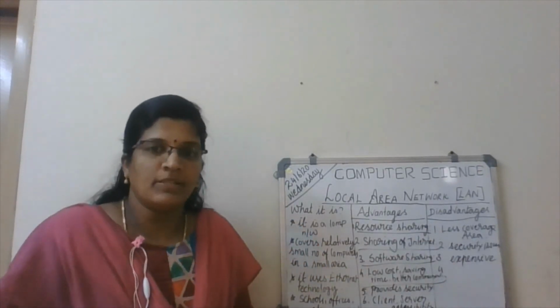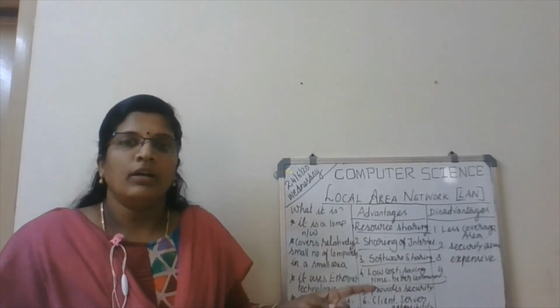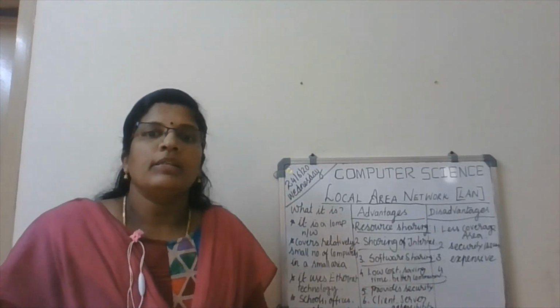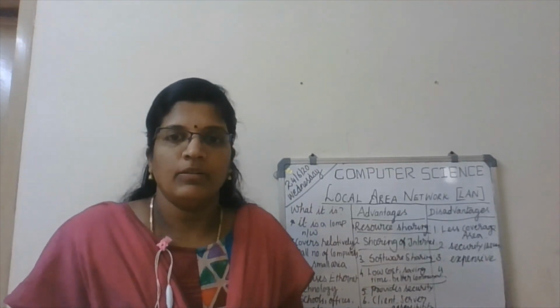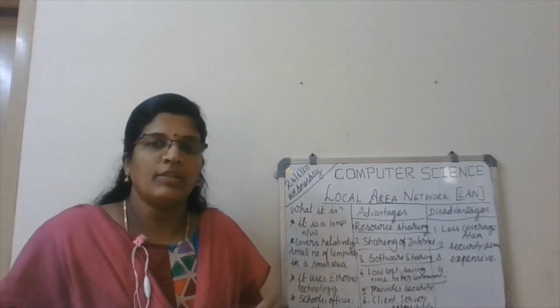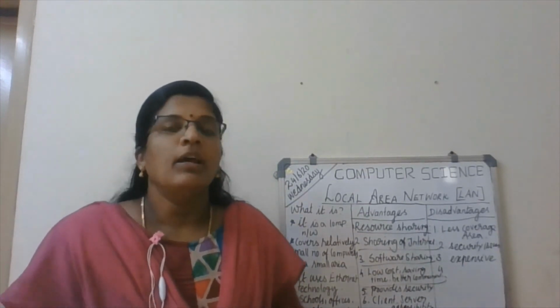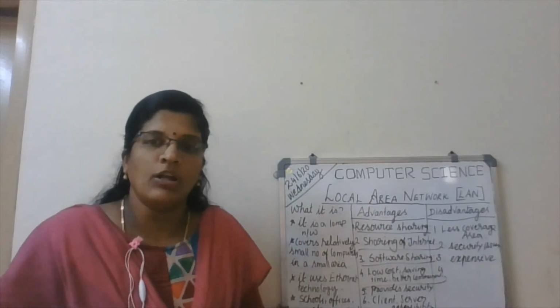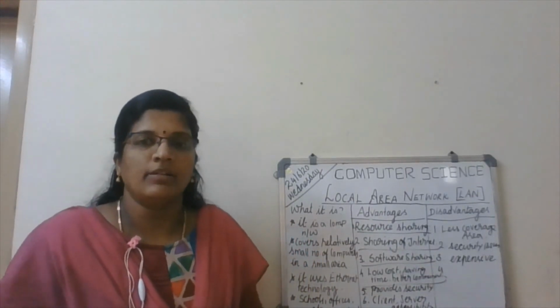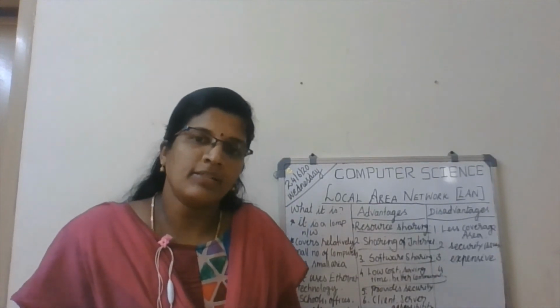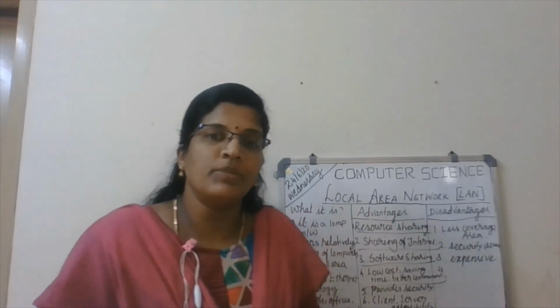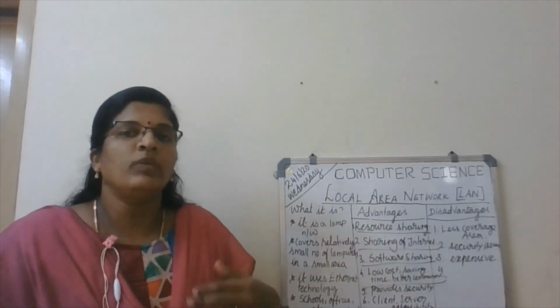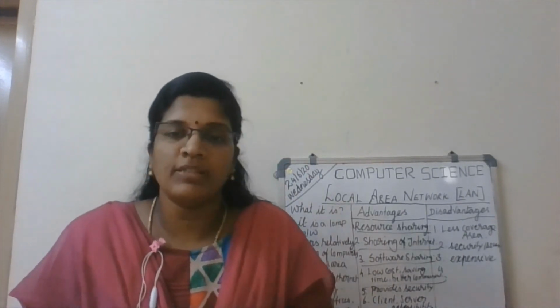Then the fourth point is server breakdown. Everything is working fine, and one particular day the server is fully down, not working, and all the data is lost. Can we work on the remaining systems? Exactly, no, because we are accessing all the information from the server only.